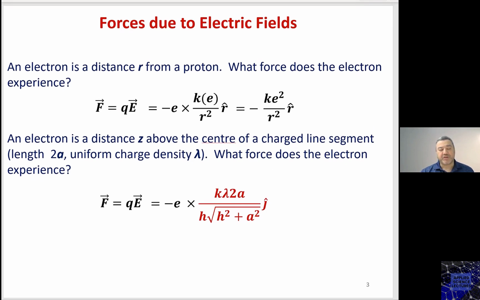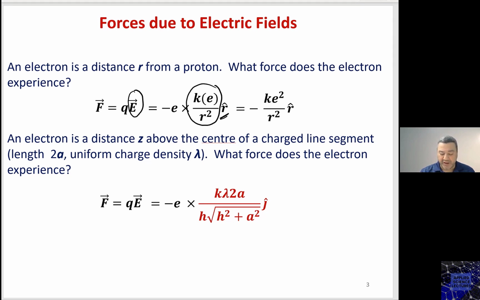So if we have a point charge, then the electric field generated by this point charge is as simple as K charge divided by R squared times R hat. So whoever decides the direction of the force is basically the direction of the electric field, either in the same direction or in the opposite direction.